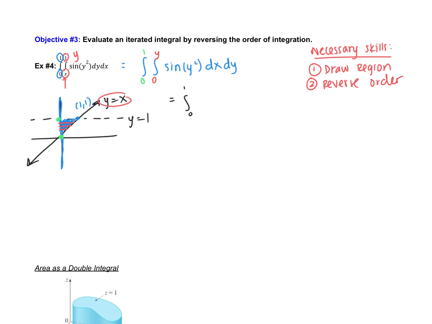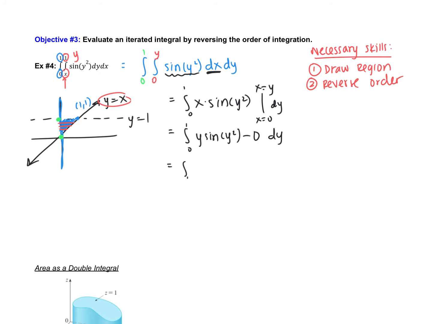So if we integrate sine of y squared with respect to x, sine of y squared is just a constant. So we're going to end up with x times sine of y squared from x equals 0 to x equals y, dy. So then if we evaluate, we get y sine of y squared, subtract 0. So of course that's just y sine of y squared.